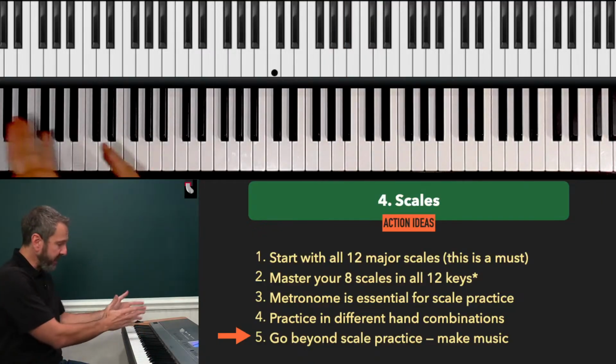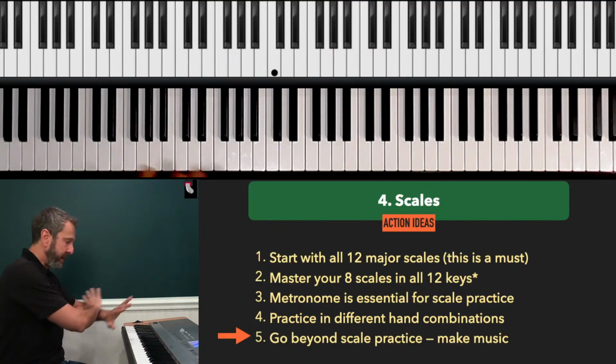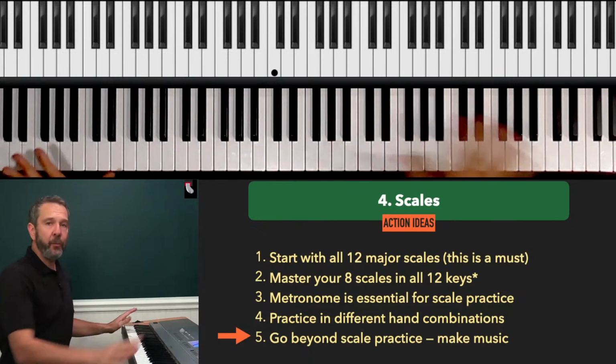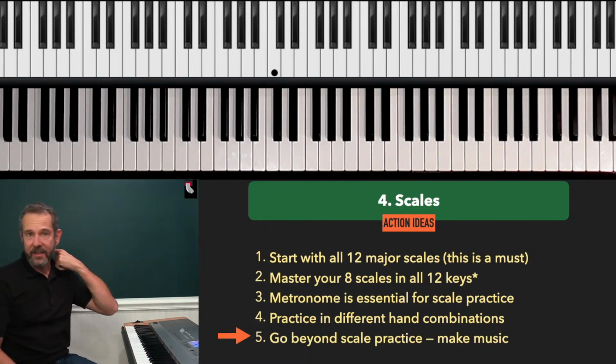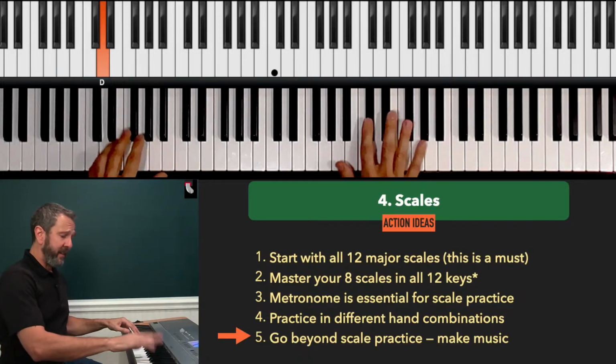So you see I'm playing the scale up and down, not changing the scale over there, but in the right hand I play around and I improvise. It doesn't have to be straight like that.